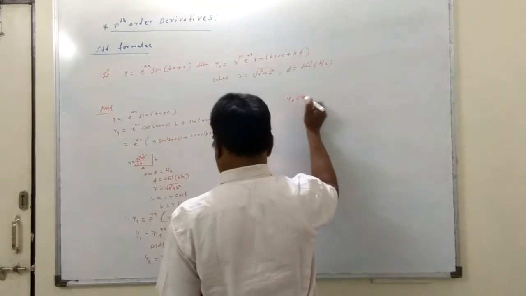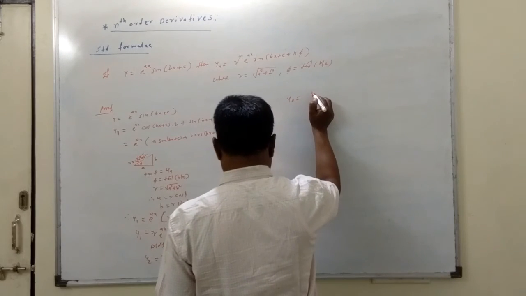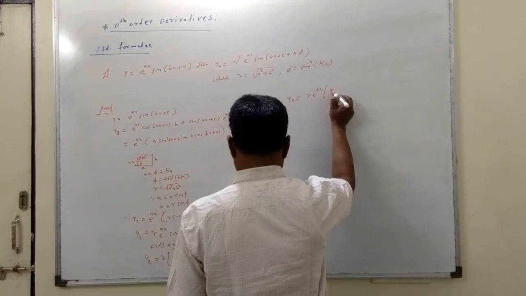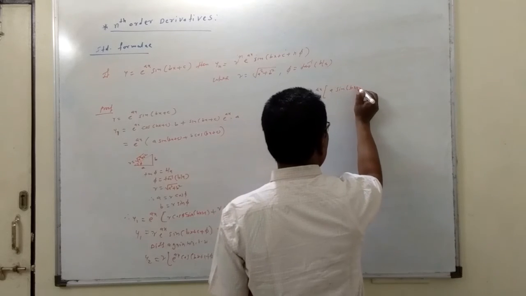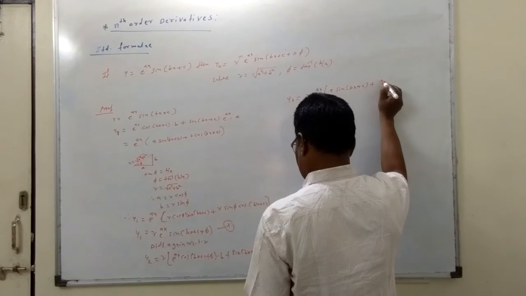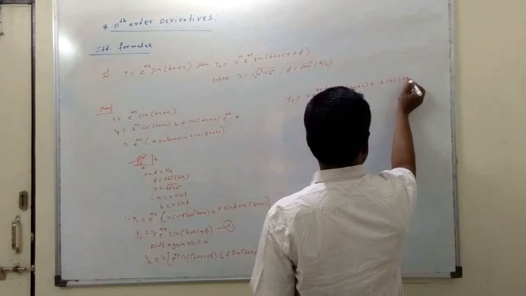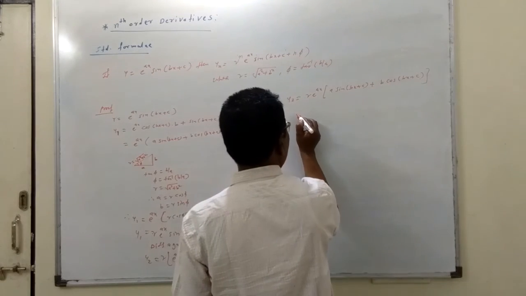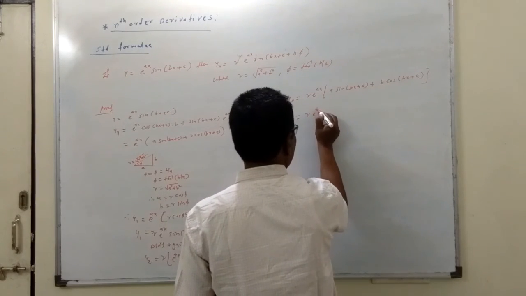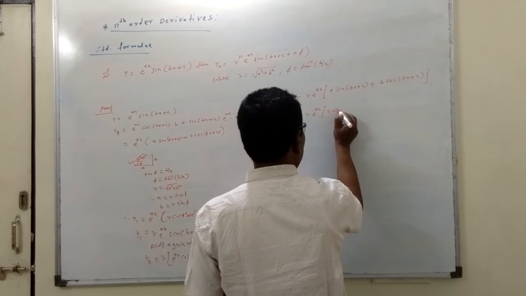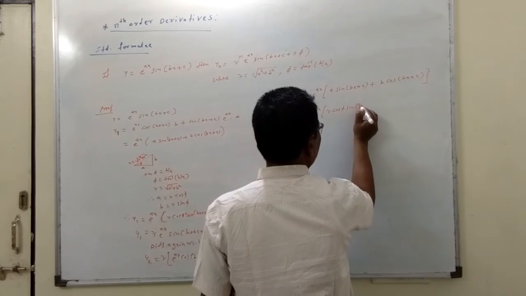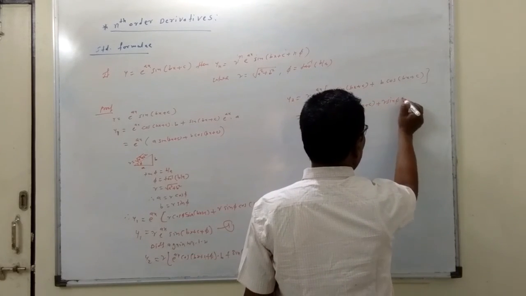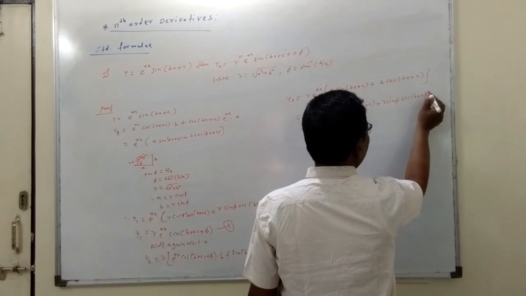So y2 is equal to, we get e raised to ax common we take outside, r e raised to ax into the bracket a sin(bx + c + φ) plus b cos(bx + c + φ). By putting these a and b values, r e raised to ax [r cos φ sin(bx + c + φ) + r sin φ cos(bx + c + φ)].